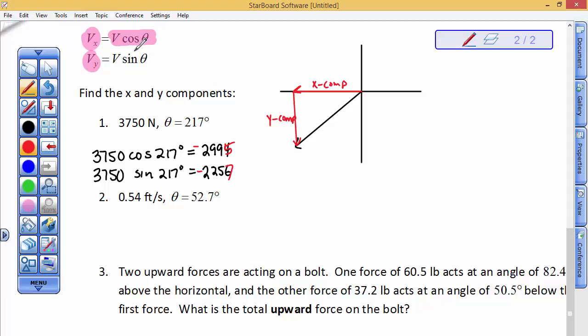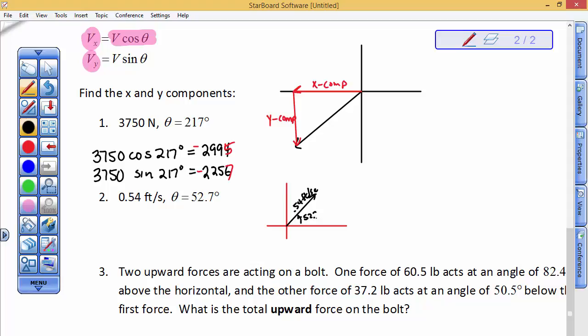This 52-degree angle, you're just talking about a vector that's in the first quadrant. It's at 52 degrees. It's kind of small in length. 0.54 is its length. So that's the magnitude, and its units are feet per second. But this angle right here is 52.7 degrees.